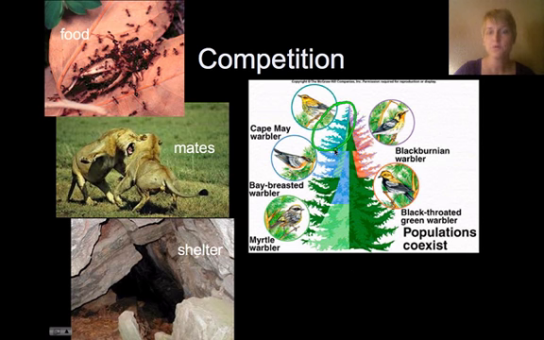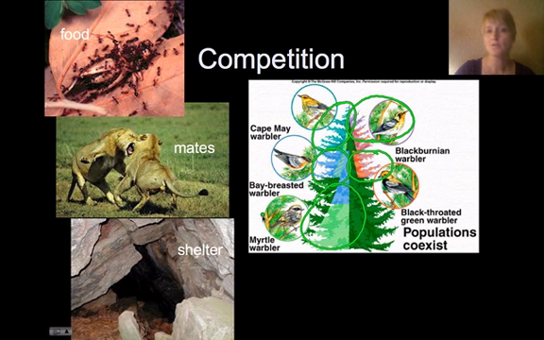The bay-breasted warbler lives in the middle area of the trees, and the myrtle warbler lives more towards the bottom range to the middle. The black-throated green warbler lives in this middle area as well, and the Blackburnian warbler lives towards the top, okay? Because they've each filled the different niches, they coexist together and they're not competing as much.